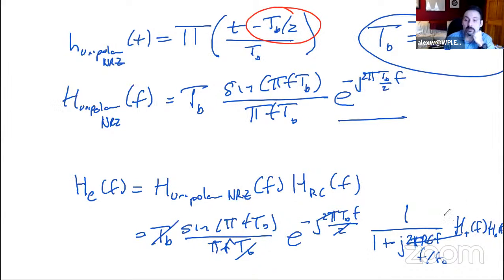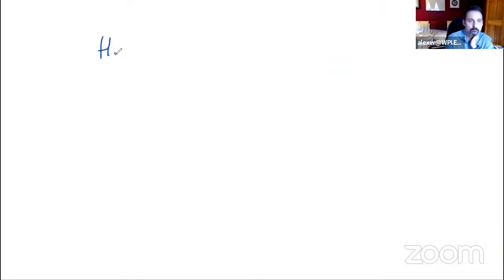So a possible question would be, how do I design this thing such that I get a unipolar, non-return to zero pulse shape at the output? The naive answer is this would have to be 1 plus J F over F naught, naive.